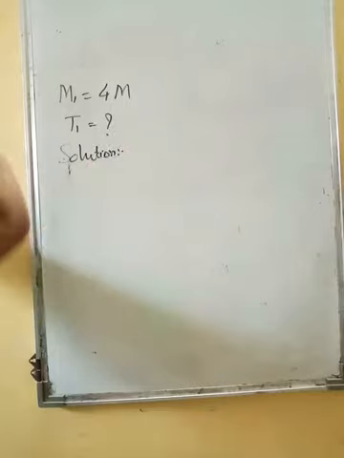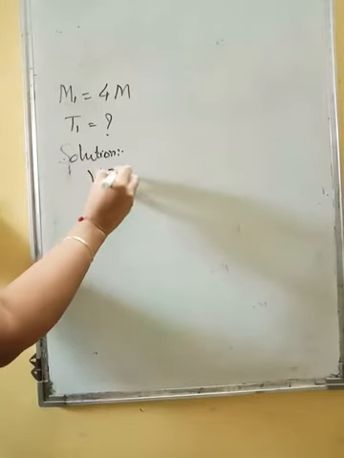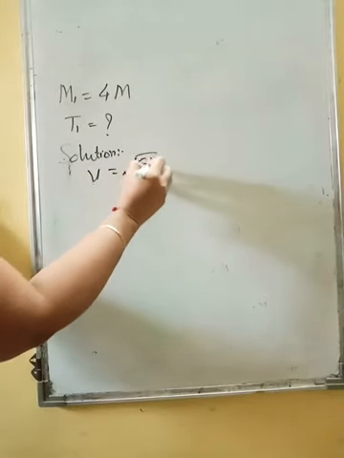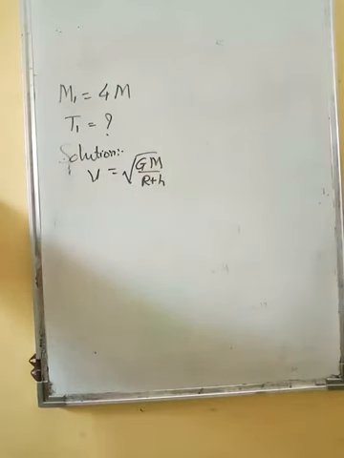as you all know, velocity is nothing but square root of gm upon r plus h, right?